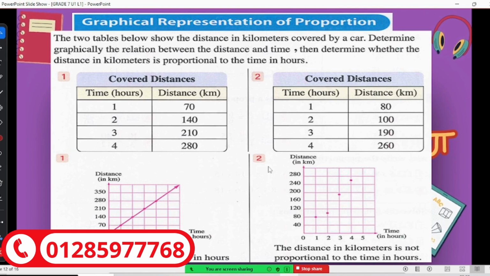Okay, in this case we found that we can draw a straight line starting from 0 and passing through all points in the table, but here we can't draw a straight line passing through all points.